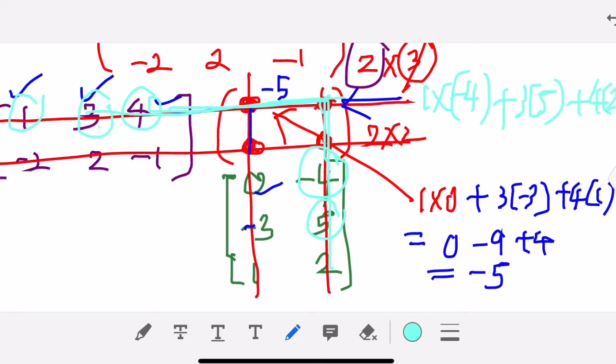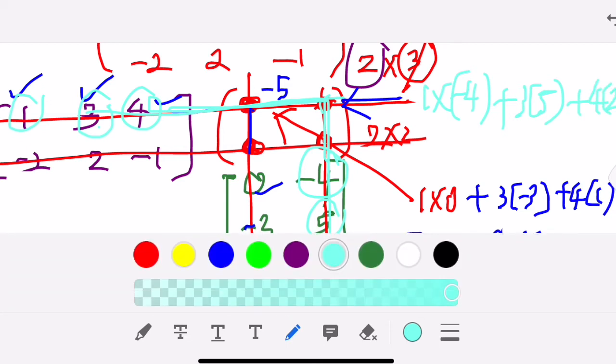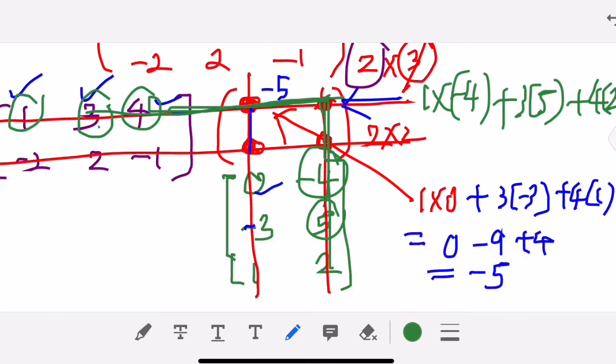Got it? Make it darker a bit so that you can see. So I simplify. I will get -4 plus 15 plus 8. So I will get the answer is 19. So I having this answer 19. Got it? This is 19.